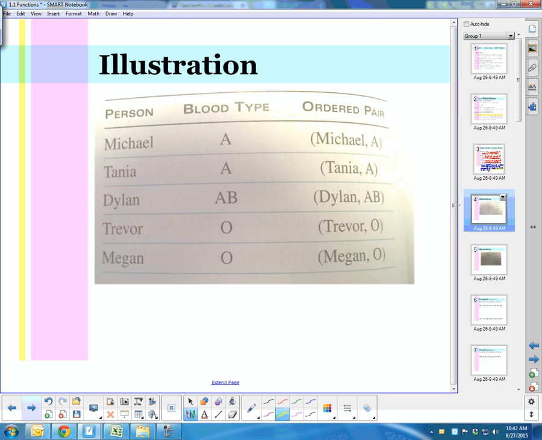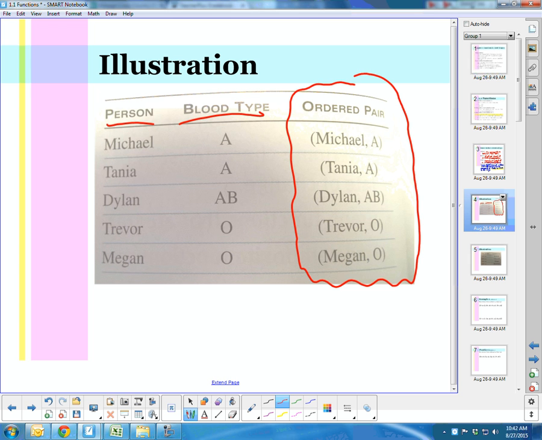Let's take a look at a couple of illustrations. Here we have a correspondence between a person's name and their blood type. And we took a moment here and we put them together as ordered pairs. And since there's a correspondence, there is a relation. So yes, this is a relation.